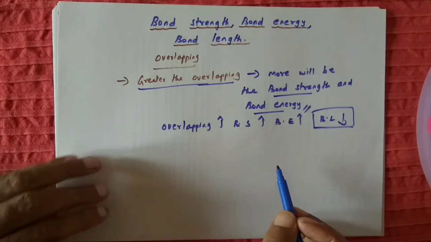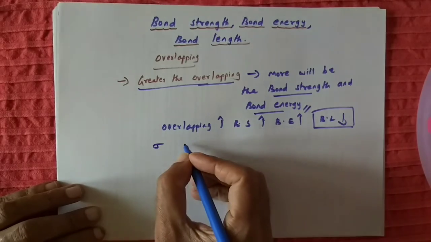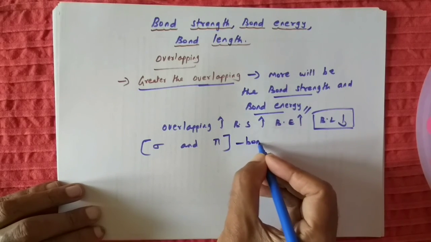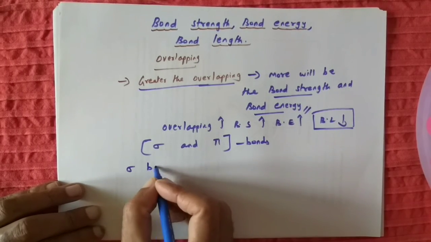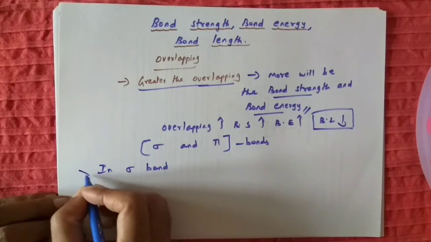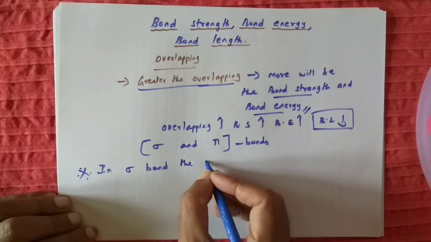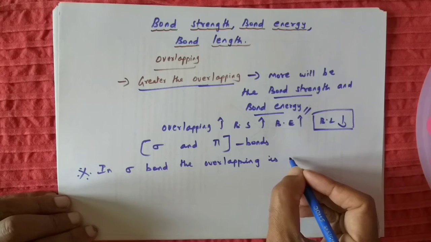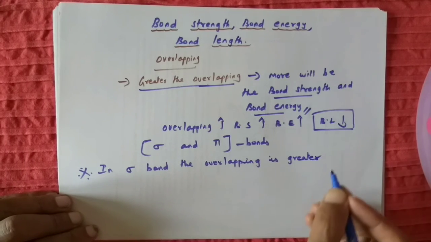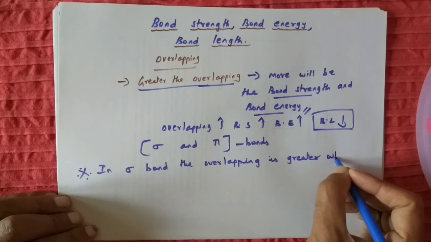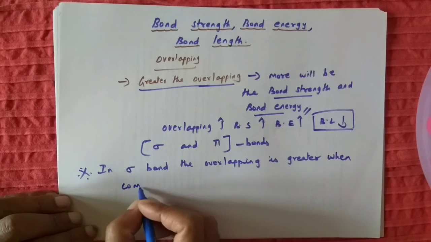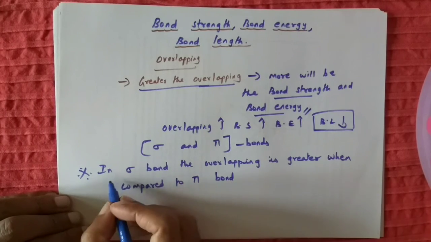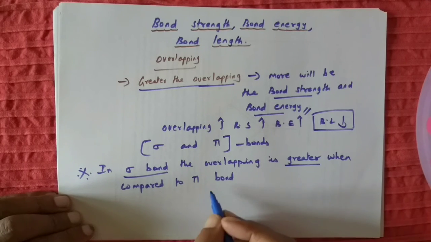So we are going to apply this concept to the sigma and pi bonds. Very, very important: in sigma bond, the overlapping is greater when compared to pi bond.